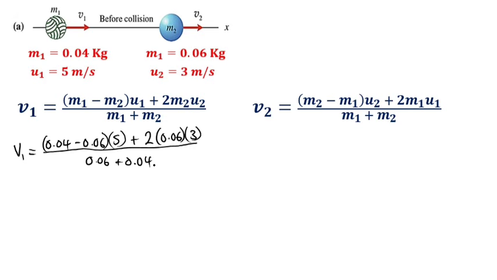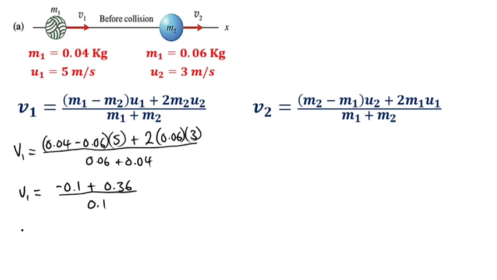Okay, so let's see what we get. 0.04 minus 0.06 is negative 0.02, multiplied by 5, so V1 is equal to negative 0.1 plus 0.06 by 3 by 2, that gives us a positive 0.36. Now this is divided by 0.1.